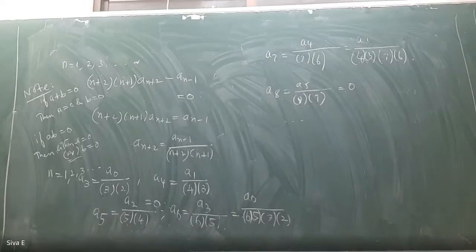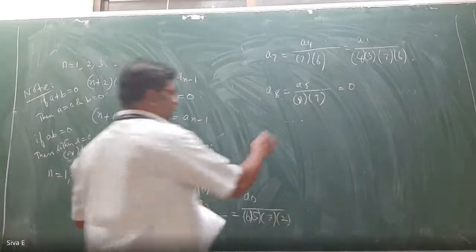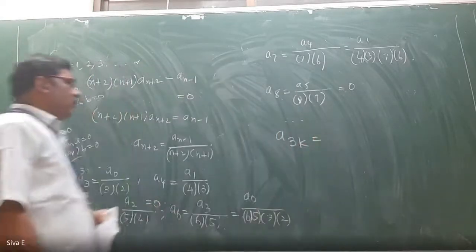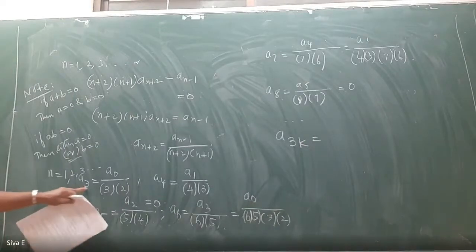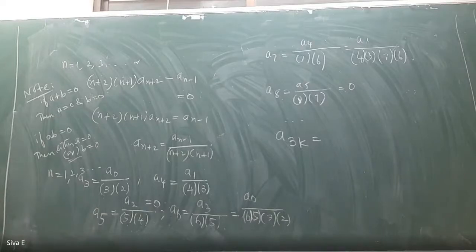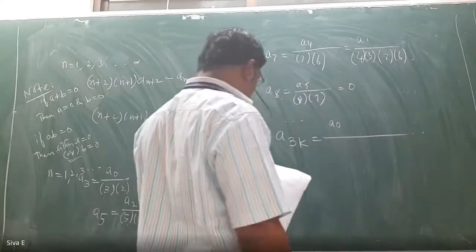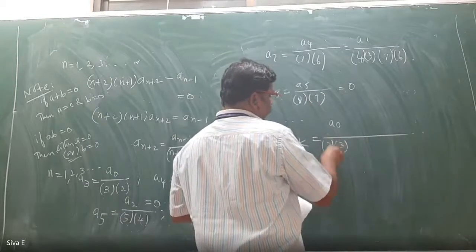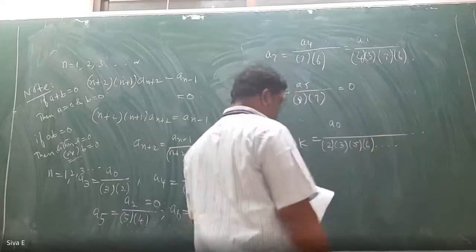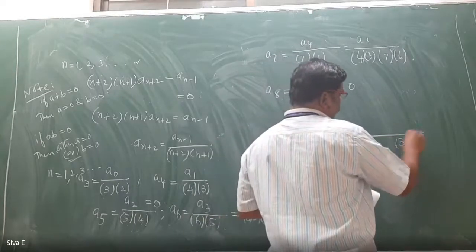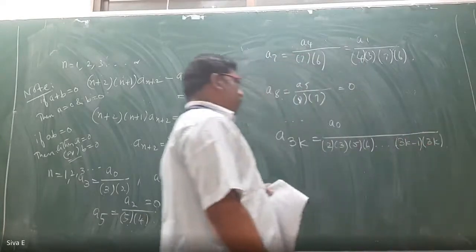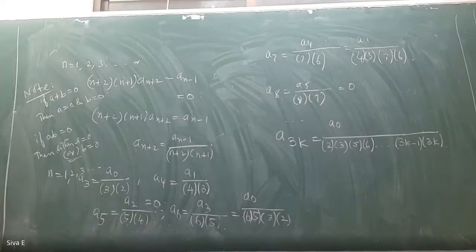Then we can write a3k equal to a0 by 2 into 3, 5 into 6, up to (3k minus 1) into 3k, for k equal to 1, 2, 3, etc.